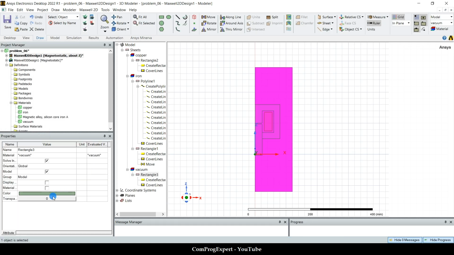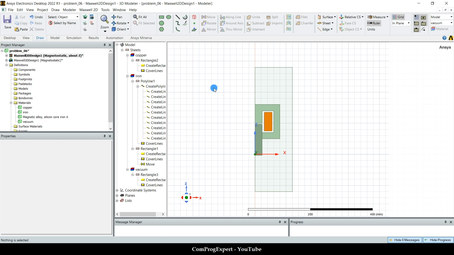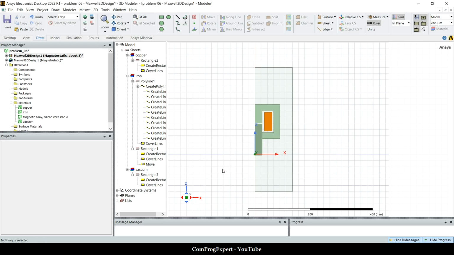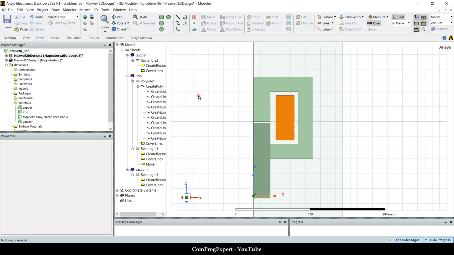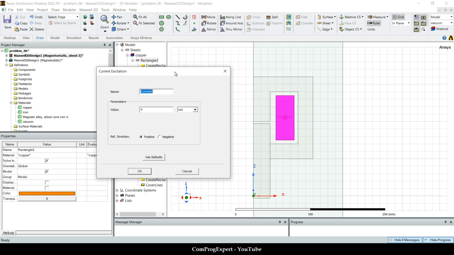Okay. Change the transparency to 0.9 and select this edge, vector potential, the boundary condition equal to 0. Okay. The vector potential equal to 0, and here we should select this copper, assign excitation.